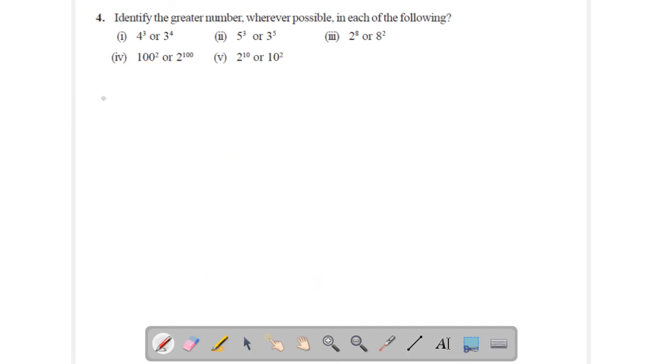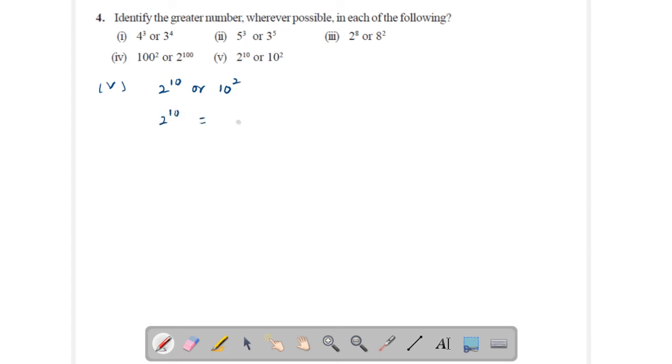Now come to fifth part. 2 raised power 10 or 10 raised power 2. Take first number, that is 2 raised power 10.